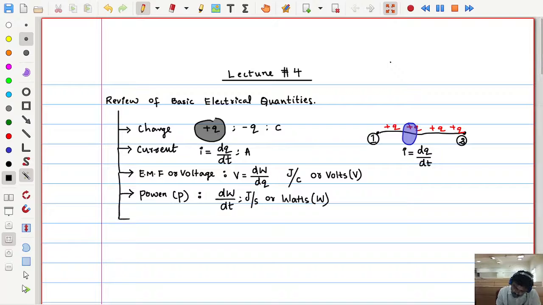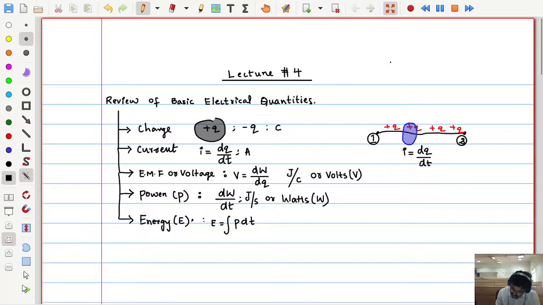And one more important term we have seen is energy. Energy is the capability of doing the work. The energy we usually represent as capital E or sometimes W. It is the capability of doing the work that can be derived from this power expression itself, so the energy E is equal to the integral of P dt.